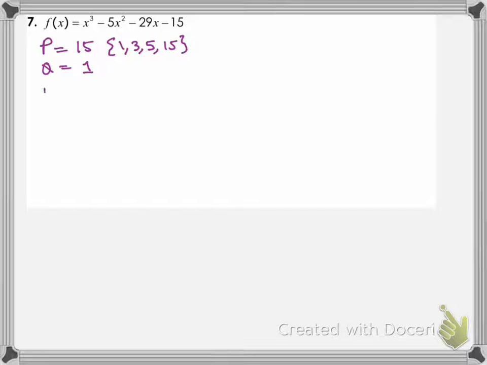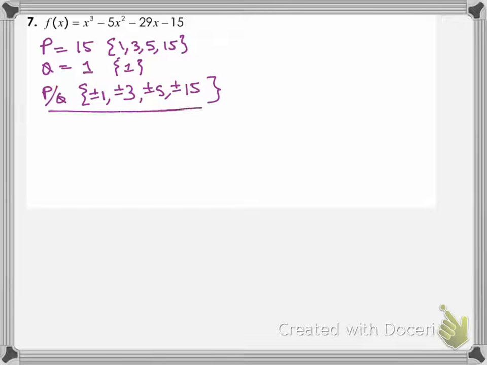So the possibilities for P over Q would be plus or minus 1, plus or minus 3, plus or minus 5, and plus or minus 15. These are all over 1, but I'm just not putting the over 1.